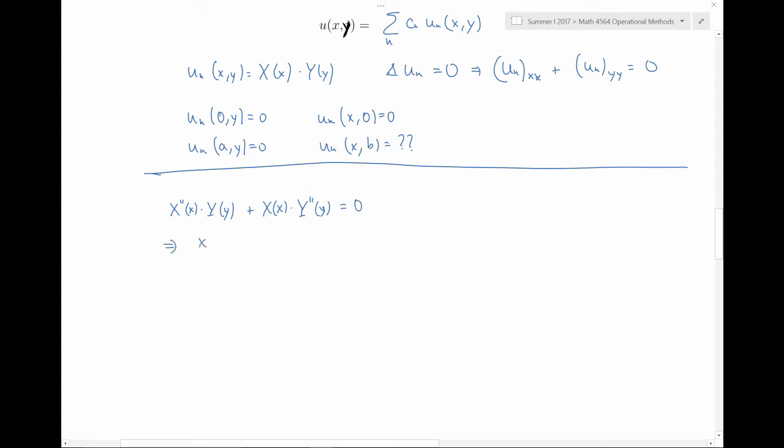This leads to X double prime over X being equal to minus Y double prime over Y, and therefore it must be some kind of a constant. Just as before, I'm going to assume that the constant is negative sigma, and then X double prime has this equation, and Y has this equation.